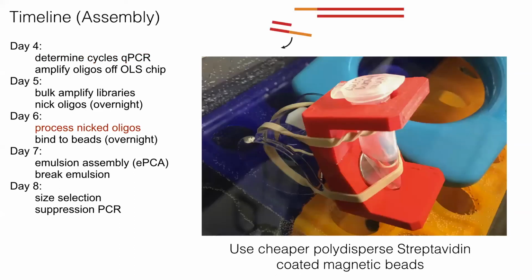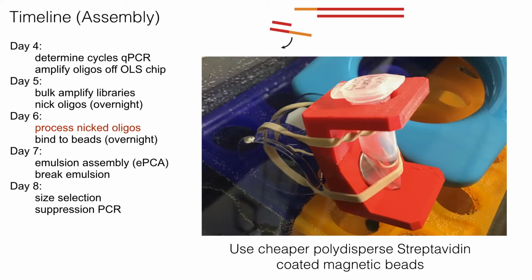And then processing the nicked oligos is a little bit of a tricky step if you've not done it before. So to remind you again, what we're doing here is we're essentially removing this small fragment. This small fragment is biotinylated, so we're binding it to a streptavidin-coated magnetic bead, which we're then removing.